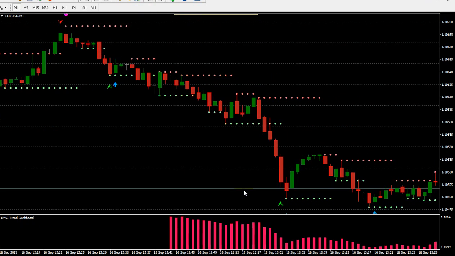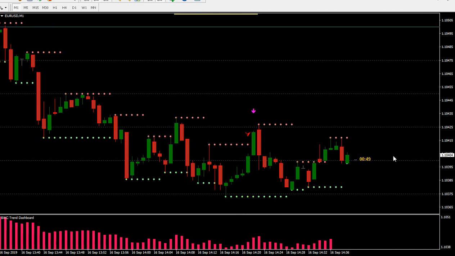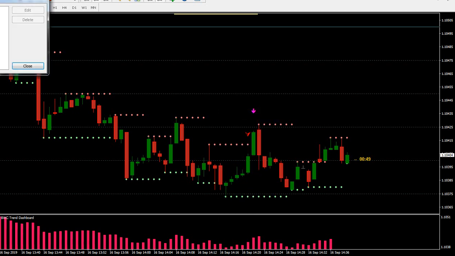Okay, so that is it. Of course, we have a timer here just to tell you how much time you have left until the candle closes or until the next candle opens. So all these are indicators, you see them: candle timer, support, resistance, the dotted ones, and the pre-alerts are these ones.